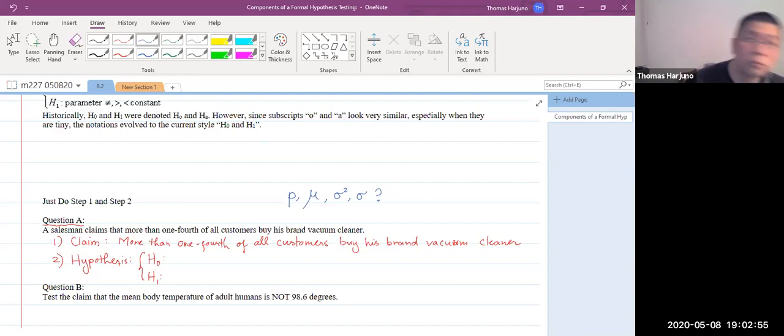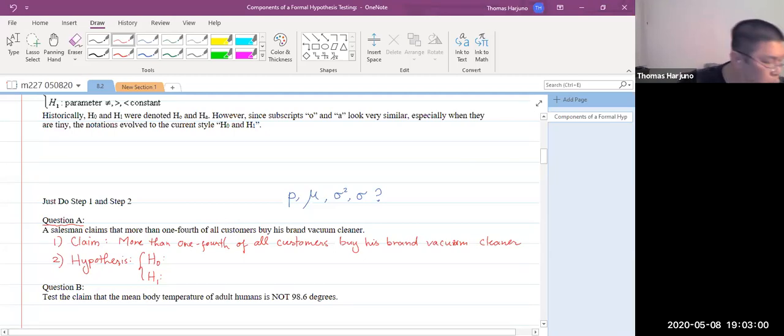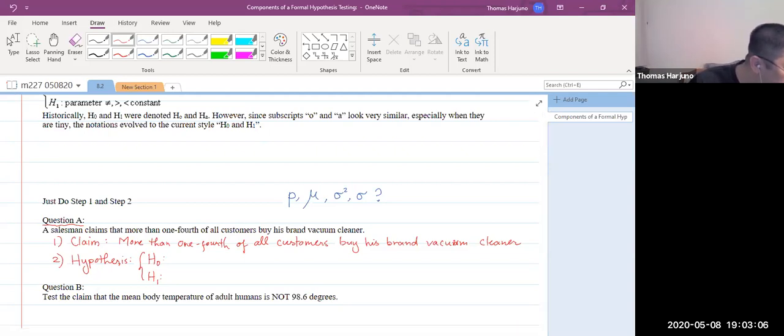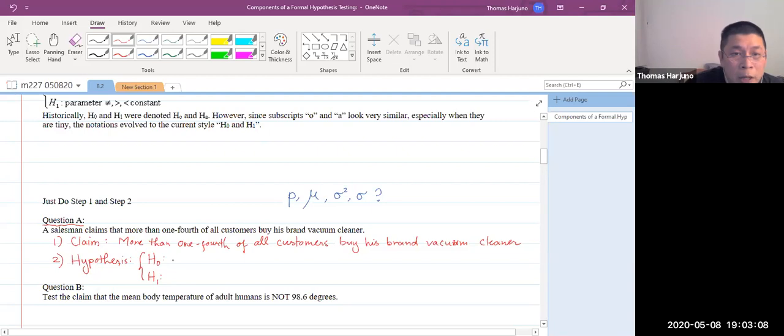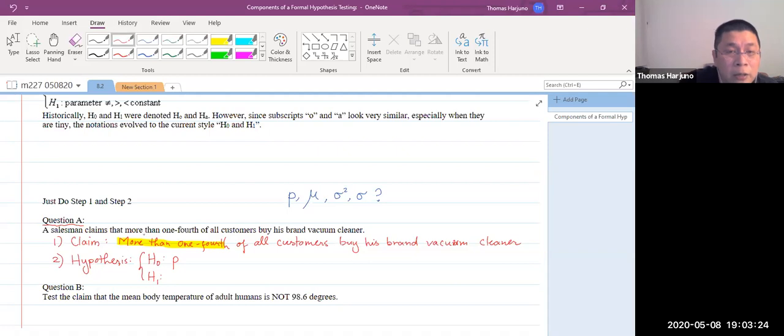Nobody says anything? Okay, well, I'll answer it for you. 1/4 refers to proportion, right? And then we will use P. Now it says more than 1/4, which means greater than 1/4.